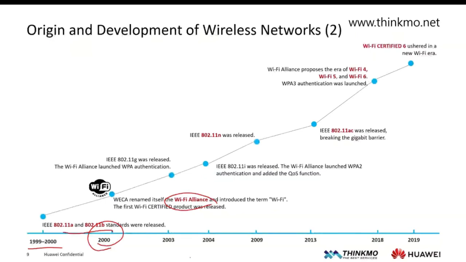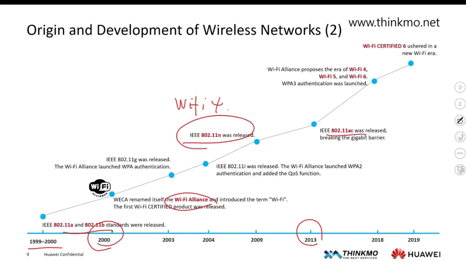In approximately 2009, the 802.11n standard was released. As a result, our wireless network speed and stability have further improved. By 2013, the 802.11ac standard was released, that is, Wi-Fi 5.